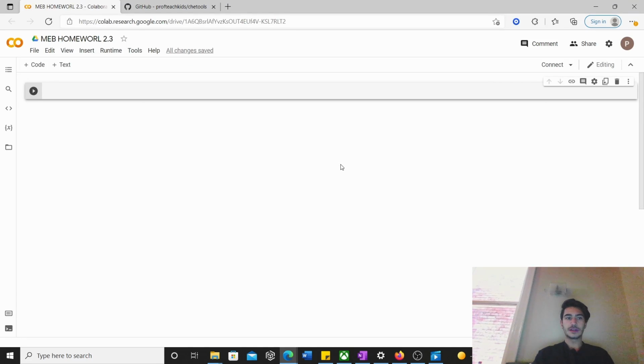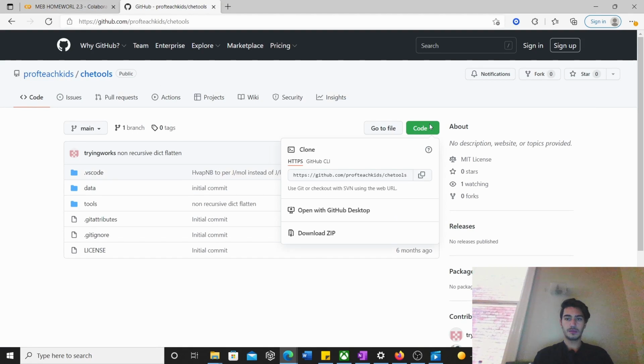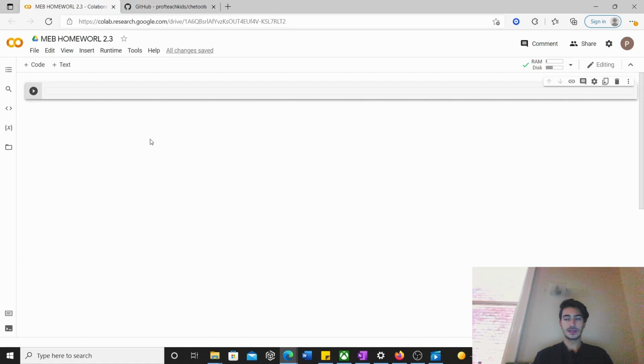So the very first thing that we want to do once we open our Colaboratory code is make sure we're connected, and we start off by creating a line of code. The very first thing we want to do is go here and copy and paste this website again, because we'll be using this throughout this code.